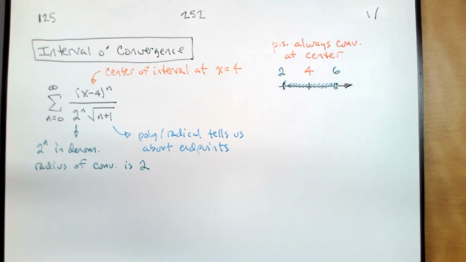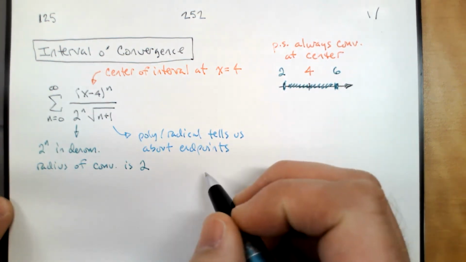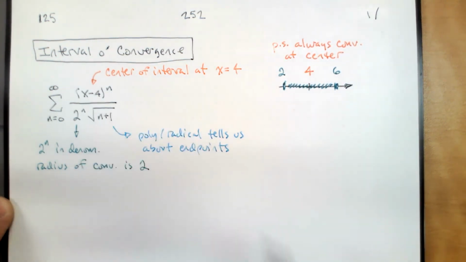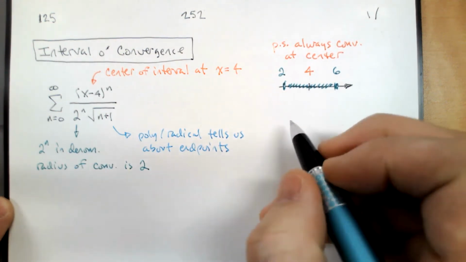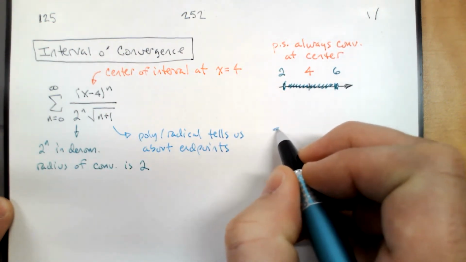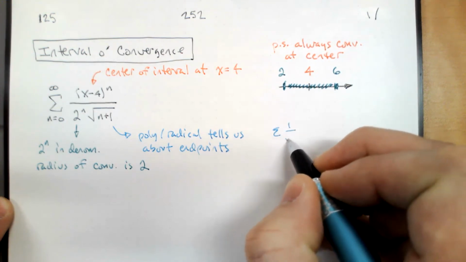What usually happens is that one end is just the polynomial stuff, and the other end will be the alternating version of the polynomial stuff. One end is alternating, the other end is not. It matters because this is a square root. So at one end, we'll get 1 over the square root of n.